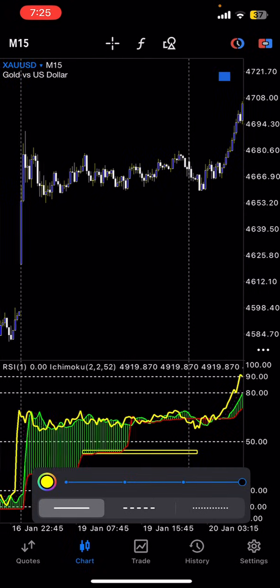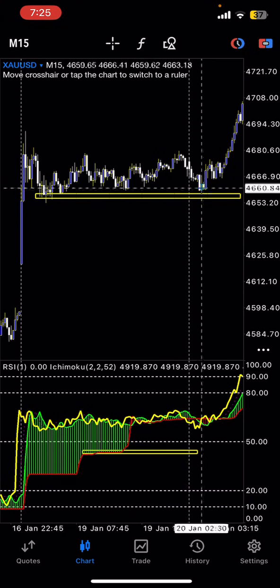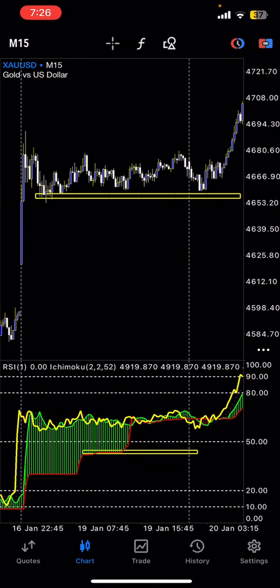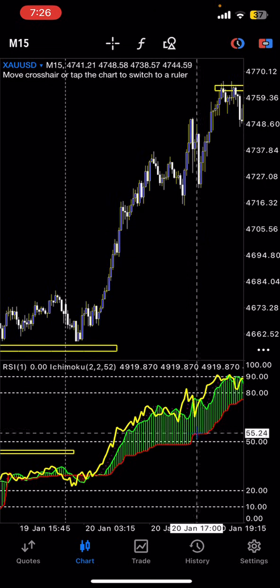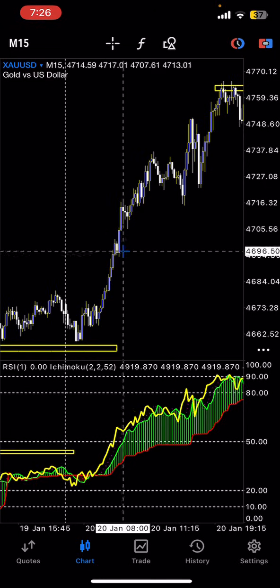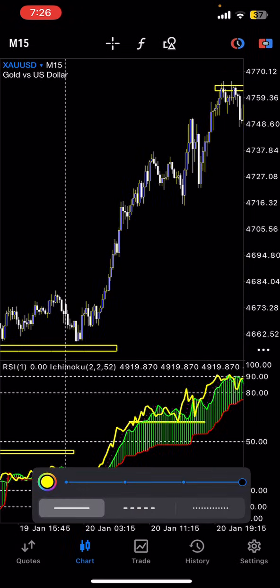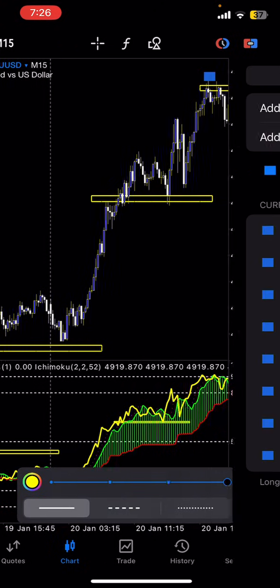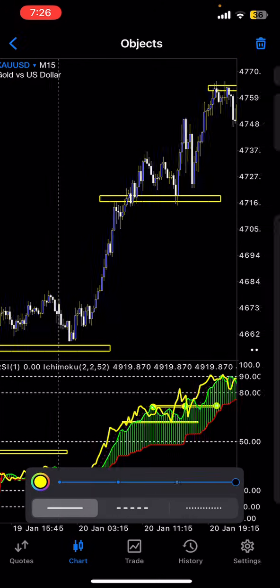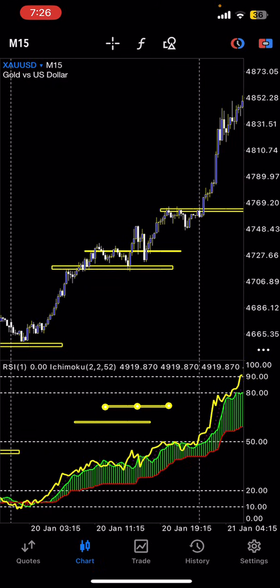It never breaks the support level, and then price from there keeps going up. Look, it did go up, and you can see it shows you a bullish trend as well. And then price was going back every time there's a support level. So we got a support level here as well. There's a support level. We got a support level here as well. And then price keeps going back up.